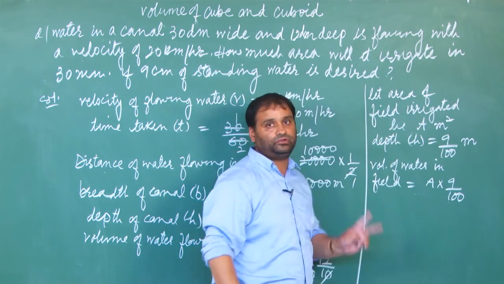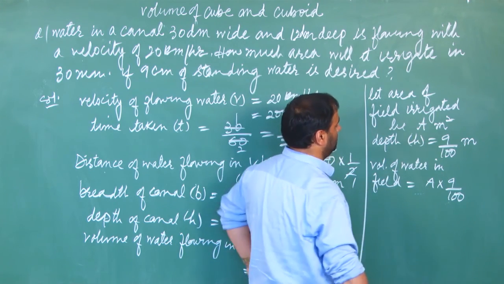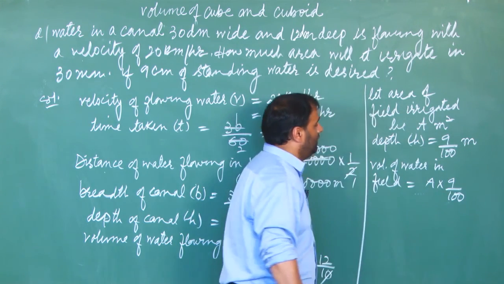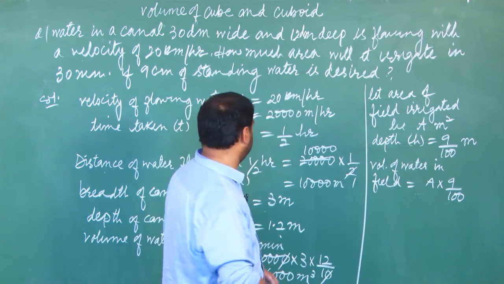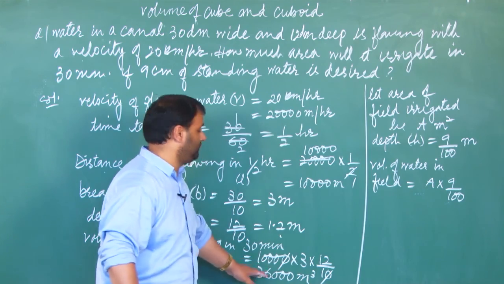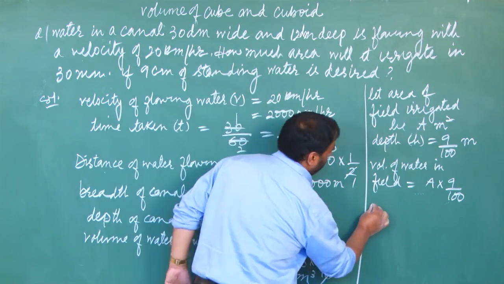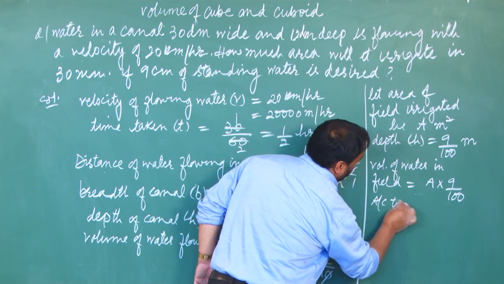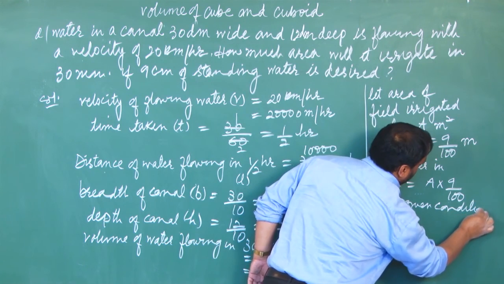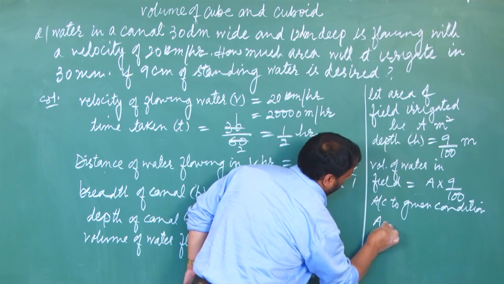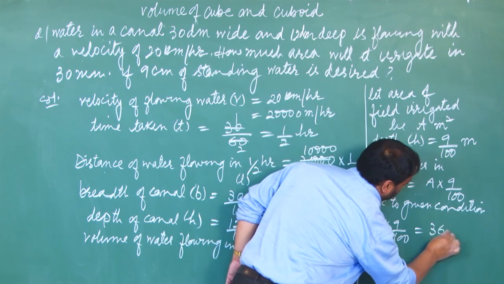A is the area, two-dimensional, and when multiplied by height, it gives volume. So the volume of water in the field will be the same as the water that goes into the field in 30 minutes. So we can equate them. Accordingly, A into 9 by 100 is equal to 36,000.